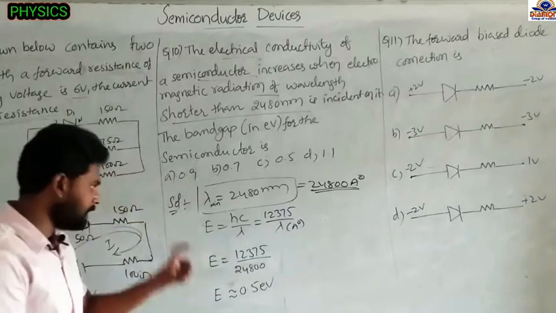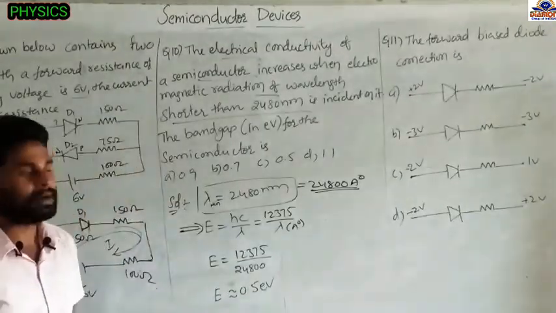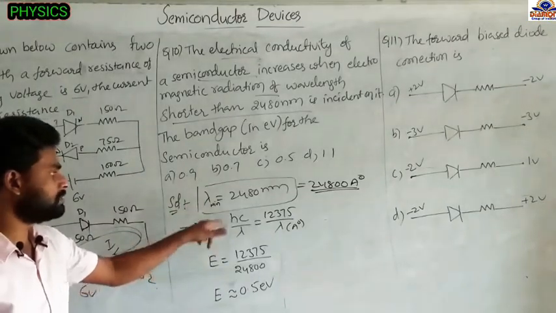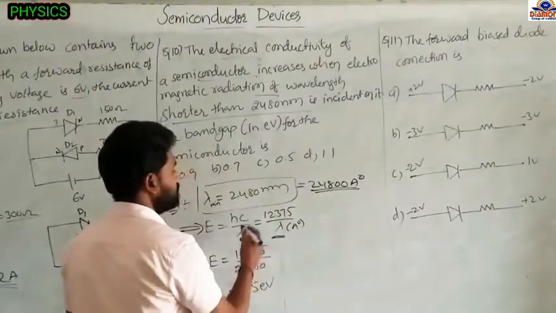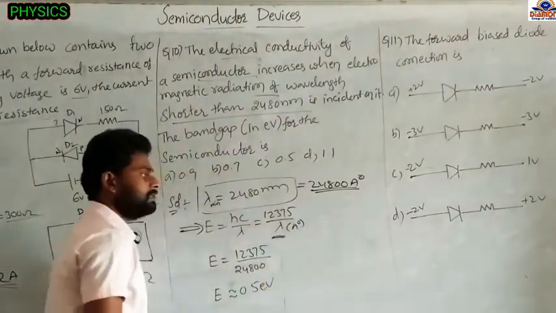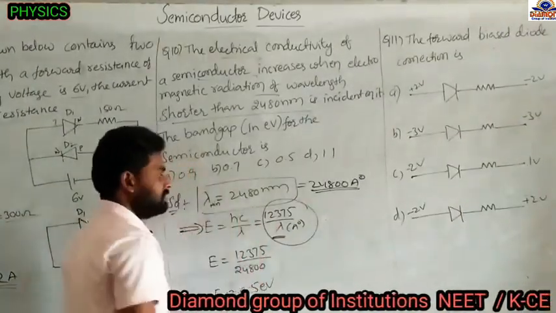Band gap is nothing but the energy gap. Energy gap formula: E equal to h nu or hc by lambda. They have given the wavelength, so hc by lambda. If the lambda is in terms of angstroms, then the hc value is 12,375. Remember this formula, it is easy for simplification.